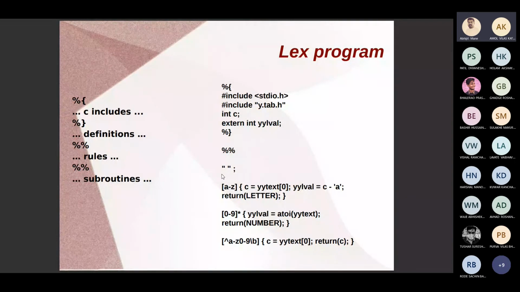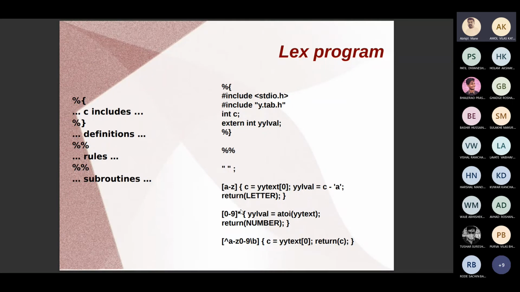This is the empty rule that you can skip, just use a semicolon, nothing to do with the space. Then this is the rule we have to match with A to Z, a character class, and we can check for a letter or a number. If that value is assigned to lval and this particular pattern matches, it returns letter.